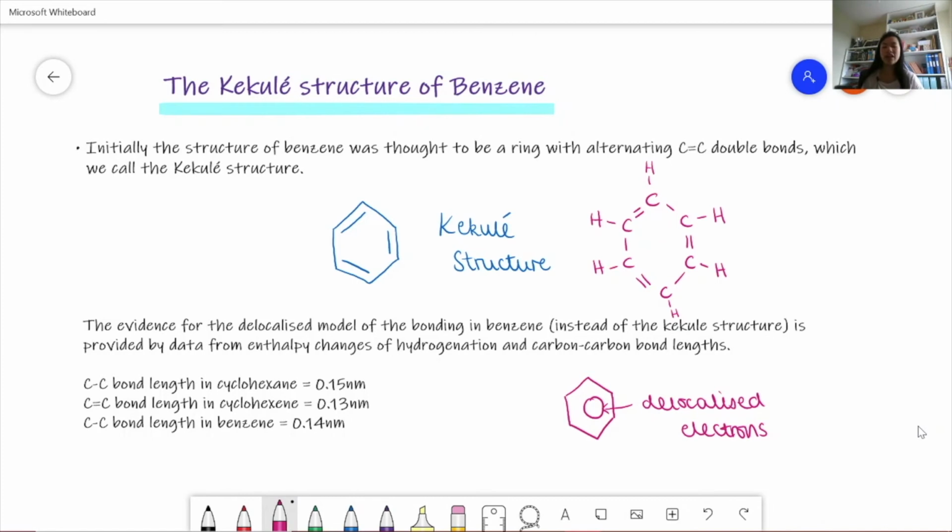So if we first have a look at the carbon-carbon single bond length in cyclohexane. So cyclohexane has the structure of 6 carbons, but unlike benzene, it has 2 hydrogens on each carbon.